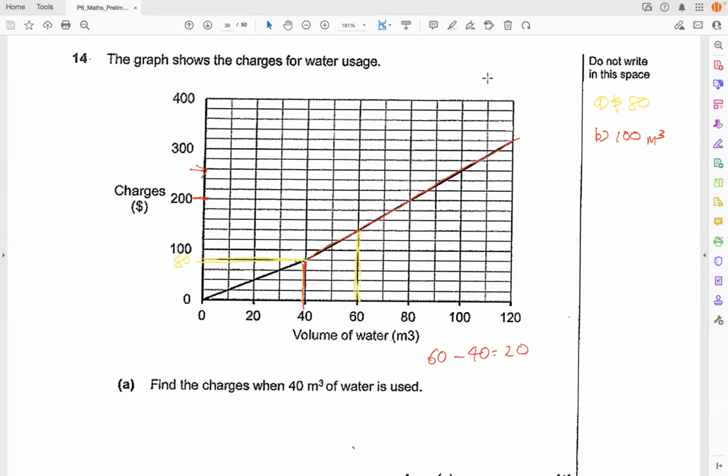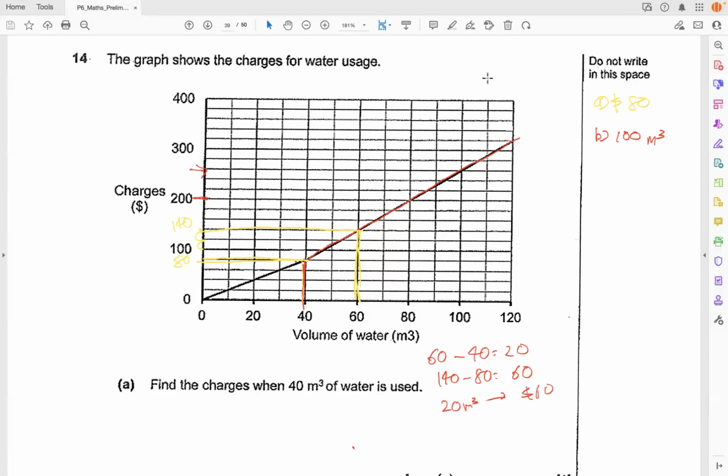At 60, it's 100, 120, 140, so 140. So there is an increase of 140 minus 80, which is 60. So 20 meter cube costs you $60.